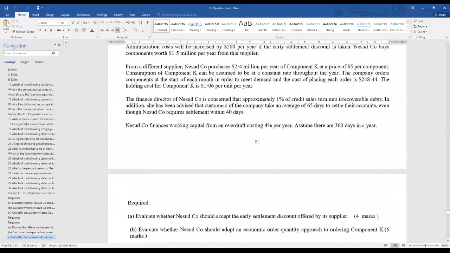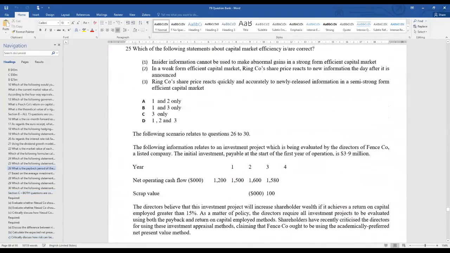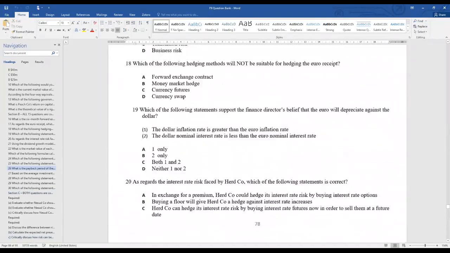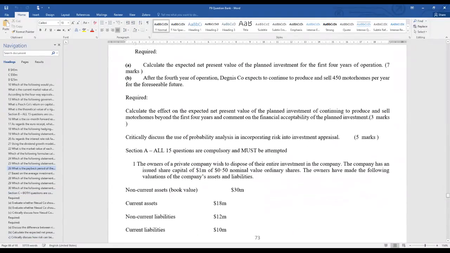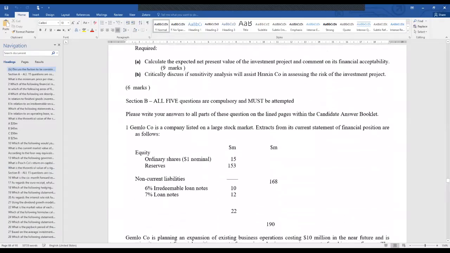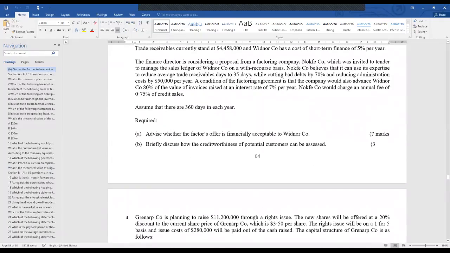Page 64. Okay. Page 64, QK company. Section A type of question, I hope. Yes, section A, page 64.